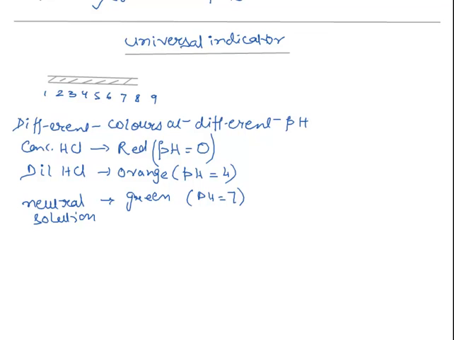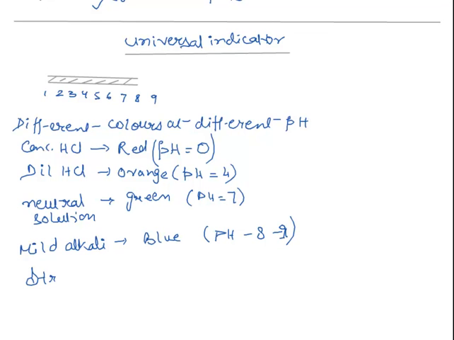In alkaline conditions, what color will it produce? Say in mild alkali. The bases which are soluble in water are called alkali. So with mild alkali, it gives blue color, and the pH will be approximately around 8 to 9.